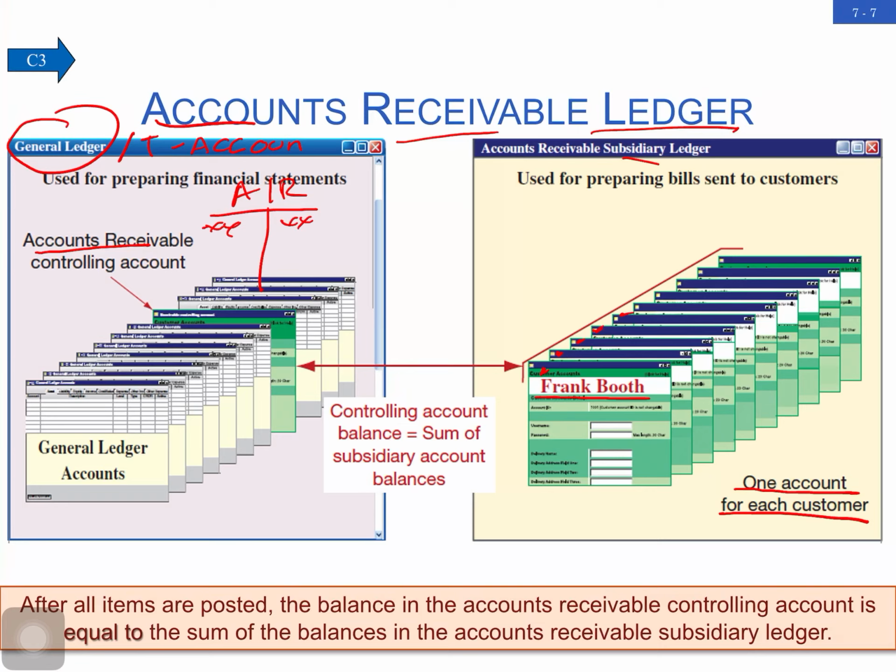So in the accounts receivable subsidiary ledger, you will have one ledger for each credit customer. For the accounts payable subsidiary ledger as well, you're going to have one subsidiary ledger for each credit supplier, for example.